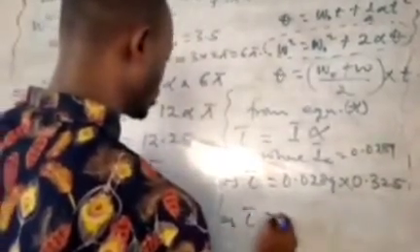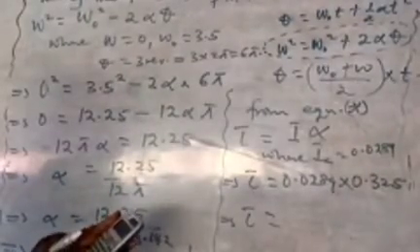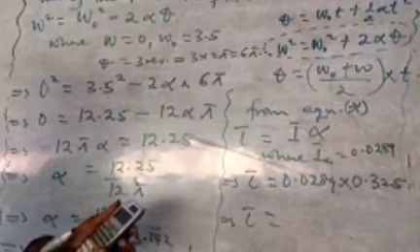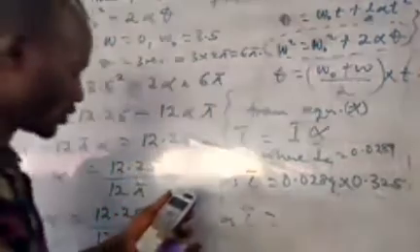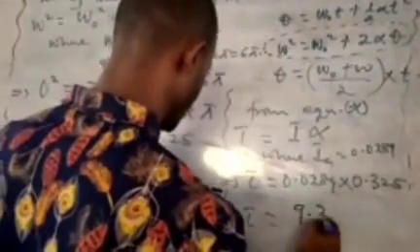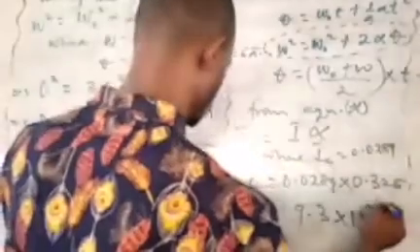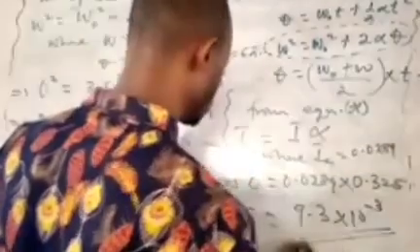Let's see what we have: 0.0289 times 0.325 equals 9.3 times 10 to the power minus 3. So this is the required solution to this problem.